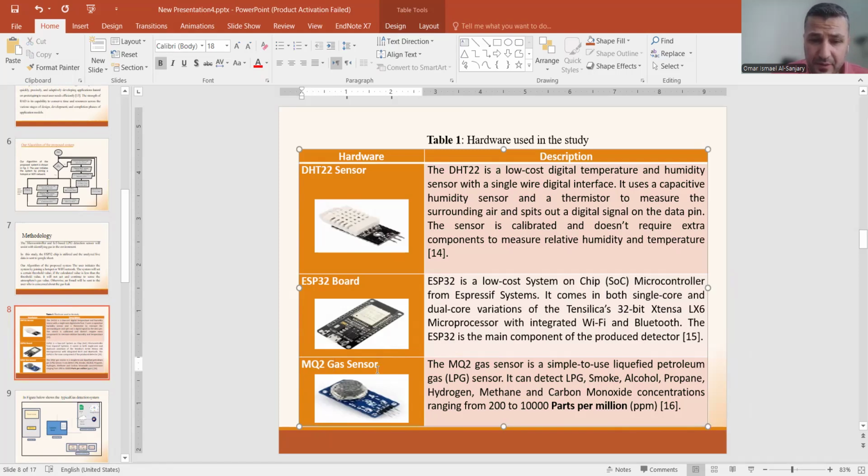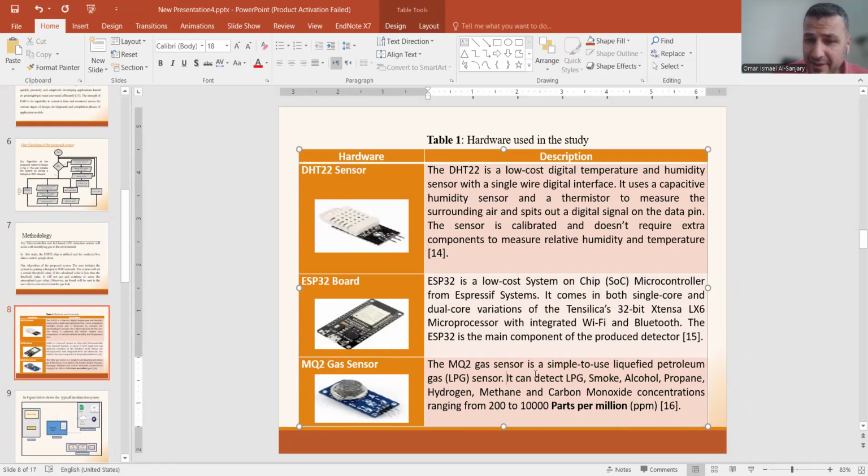This kind of MQ sensor is very important for our study because it detects smoke, alcohol, and any kind of impurity in the gas. The detection range is between 200 to 10,000 parts per million.